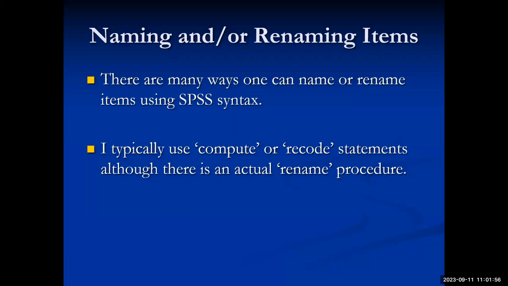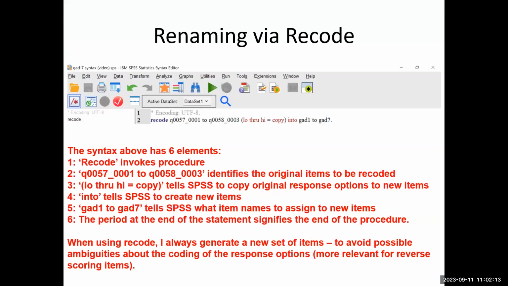Okay, now I'm going to talk about naming or renaming items in SPSS, and there are lots of different ways you can do this. I typically use the compute or the recode procedure, although there is an actual rename procedure within SPSS. And so here's an example of renaming a series of variables using a recode statement. I'm not going to get into all the details of the syntax.